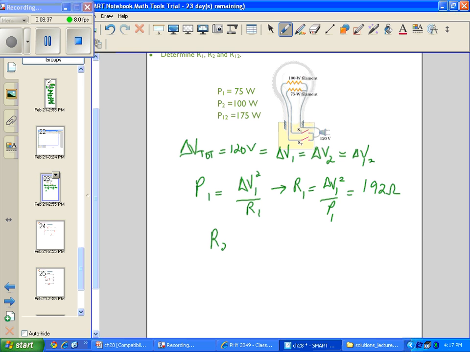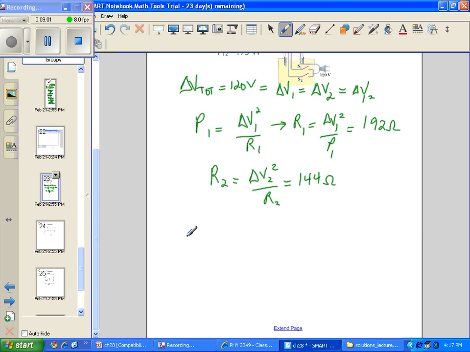We do the same for R2, delta V2 squared over P2, and we get a value of 144 ohms. Notice that the greater resistance has the smallest power because of the reciprocal relationship between these two.